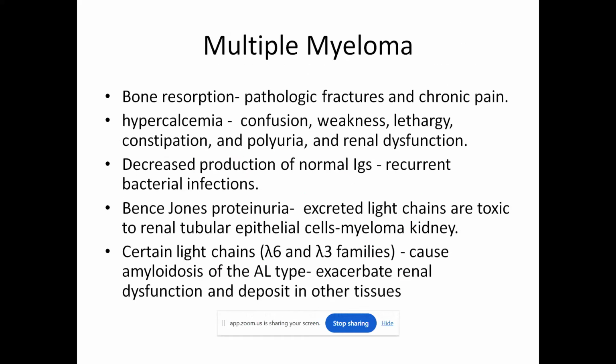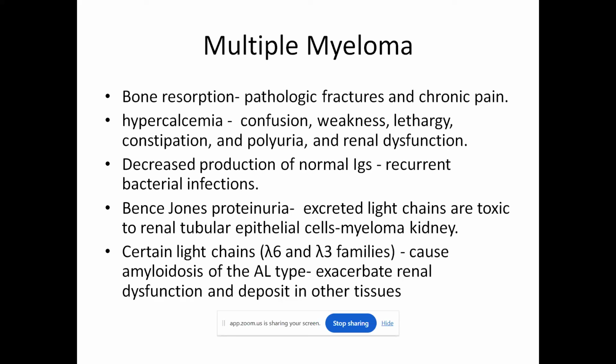So what are the clinical features? The patients will have pathological fractures with chronic pain from the eroded bone, and hypercalcemia causing confusion, weakness, lethargy, constipation, polyuria, and kidney dysfunction. Due to decreased normal immunoglobulins, recurrent bacterial infections can occur.